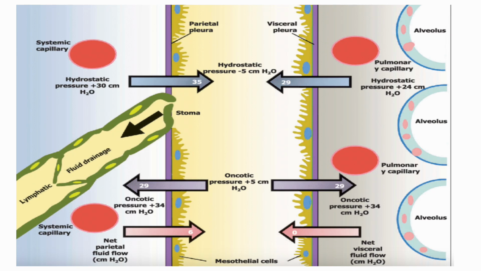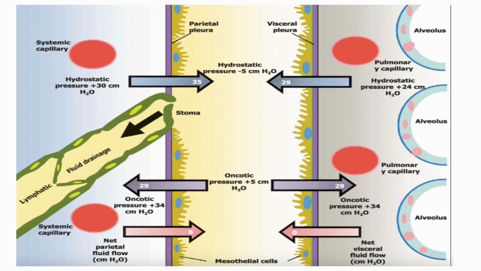So if we see here, on my left side is the parietal pleura, and on my right side is what is happening in the visceral pleura. In the parietal pleura, we can see there's a stoma, which helps in drainage of the fluid to the lymphatics. So excess pleural fluid will be returned to the body via the lymphatic system.